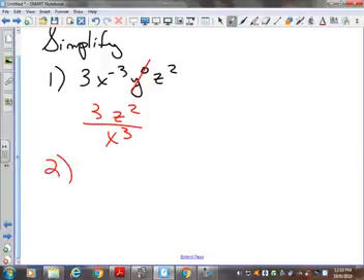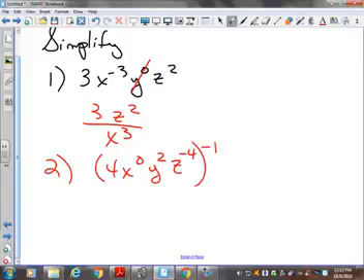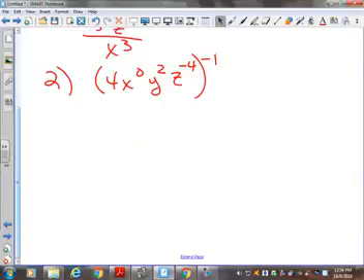What if I have this problem? 4 times x to the 0, y to the second, z to the negative fourth.